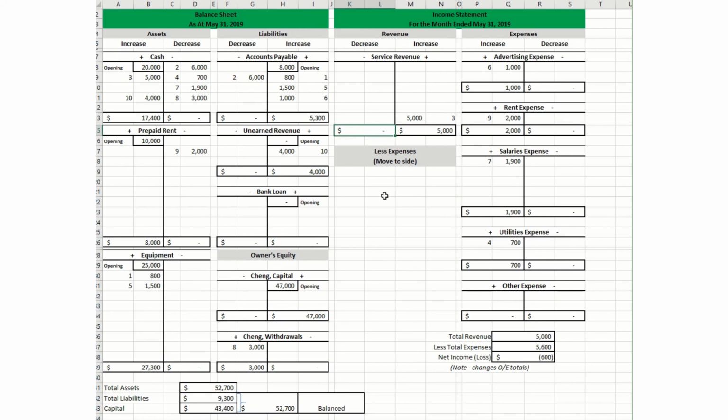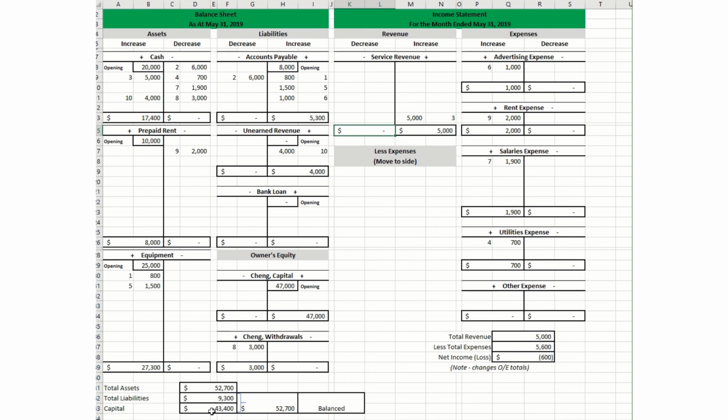At the end of the day, this organization has now total assets of $52,700, consisting of these 3 asset accounts on the left. On the income statement, they had total income of $5,000. Total expenses, though, exceeded it, being $5,600, for a loss of $600.